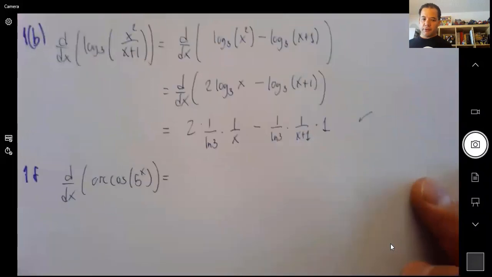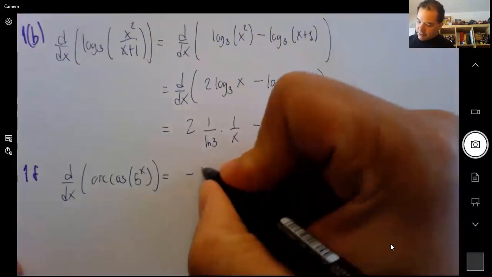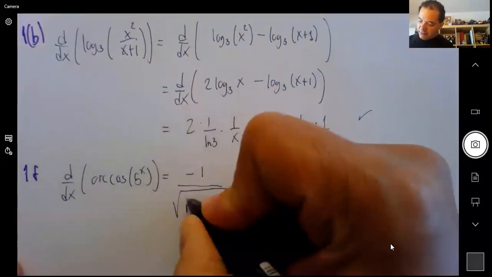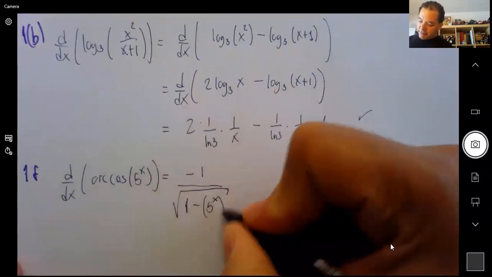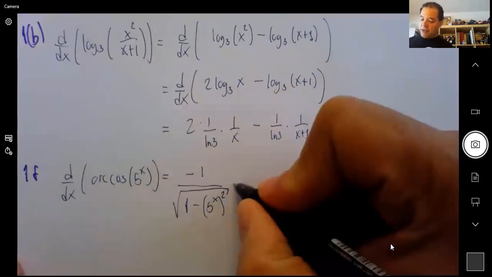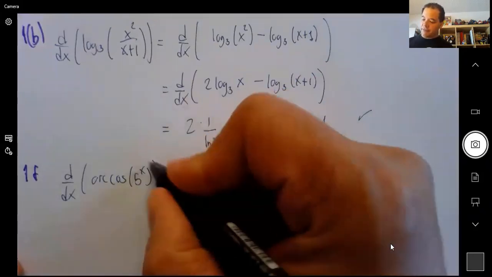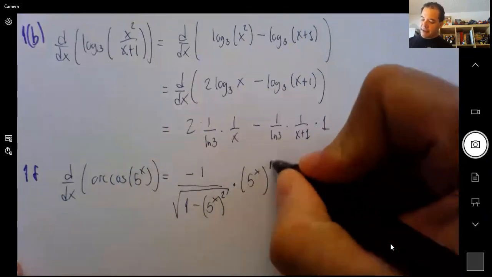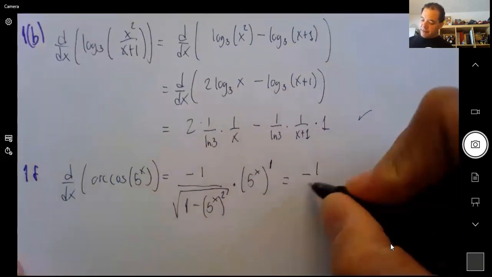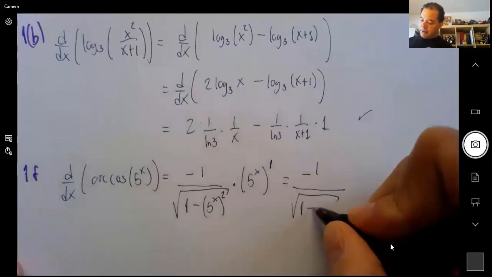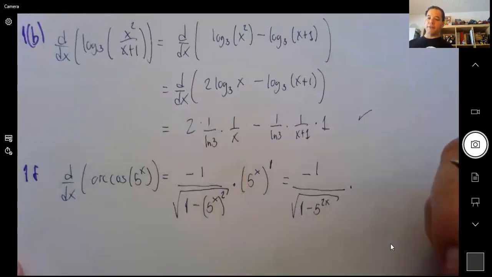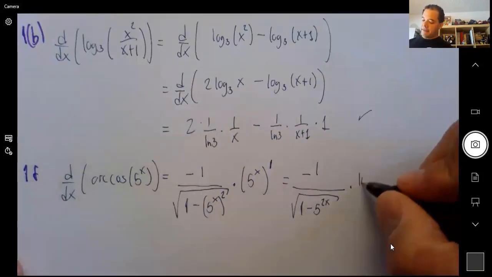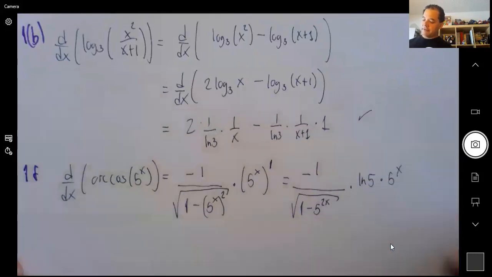So that's what we do. It's negative 1 over the square root of 1 minus whatever is inside here squared. So it's 5 to the x squared. Chain rule, times the derivative of 5 to the x. I'll indicate it, and I'll do it on the next step. This is negative 1 over the square root of 1 minus 5 to the 2x, times. And what's the derivative of 5 to the x? Well, it's ln 5 times 5 to the x. And that's it. We are done with that.